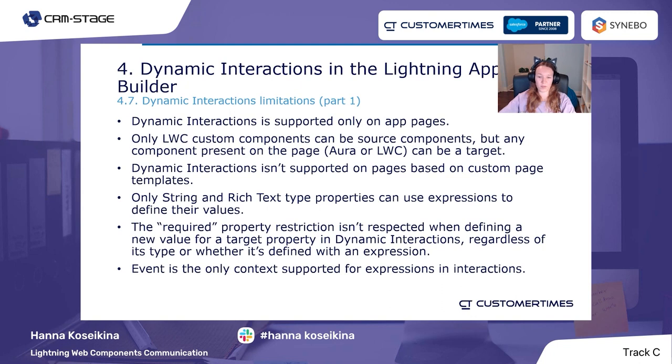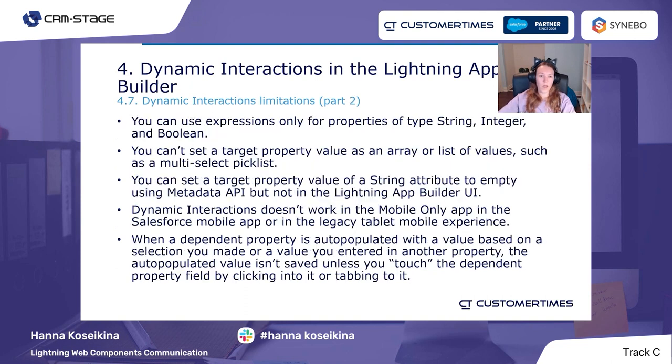This is something I mentioned: when we use expressions, we always start from event dot something. Also, expressions can be used for properties of string, integer, and boolean, and no others. You cannot set a target property value as an array or list of values. So again, just string, integer, and boolean.